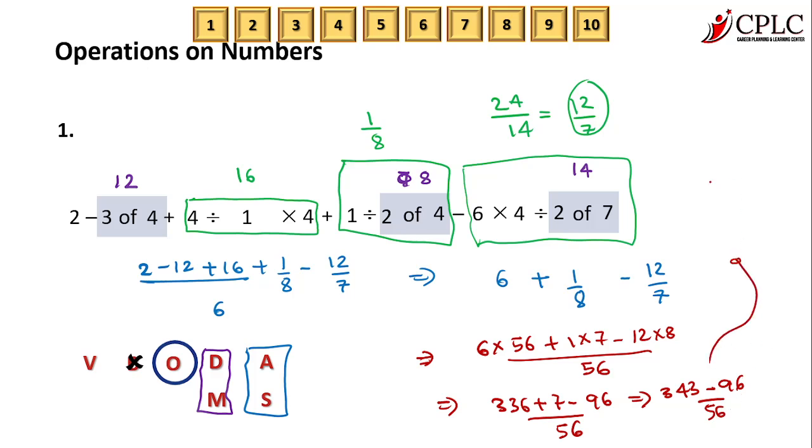So I think this becomes 247 upon 56 as the final answer, which is yes, answer option 1. If you check your handouts, answer option 1 is the answer for question number 1. So this is the way you apply the priorities. Purposely I have done color coding so that you understand the difference as and when it is given. So this is the way to follow the priorities, and hence this is the first question.